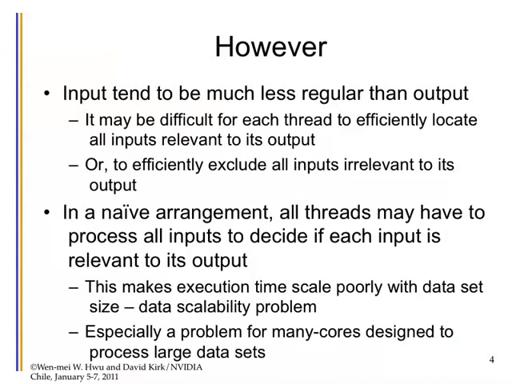The problem is the input tends to be much, much less regular than the output. Oftentimes, when you have some kind of large-scale measurement or large-scale models in your scientific or engineering computing, input tends to be what you get from the real world: signals that you sense, molecular atom structures, and all those things are very irregular. So it may be difficult for each thread to efficiently locate all the input relevant to its output, or to efficiently exclude all the input irrelevant to its output.